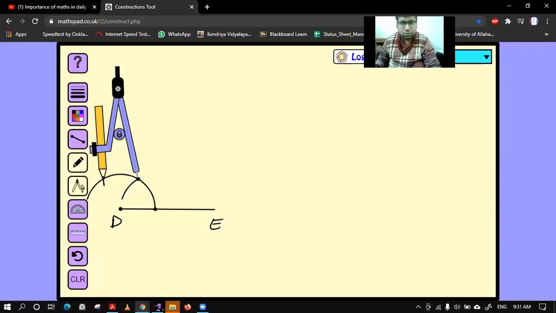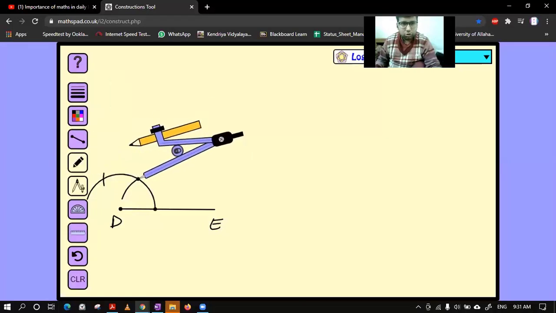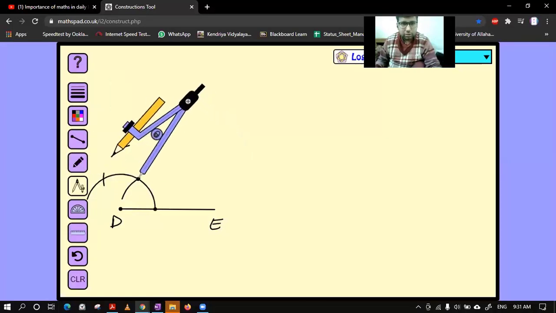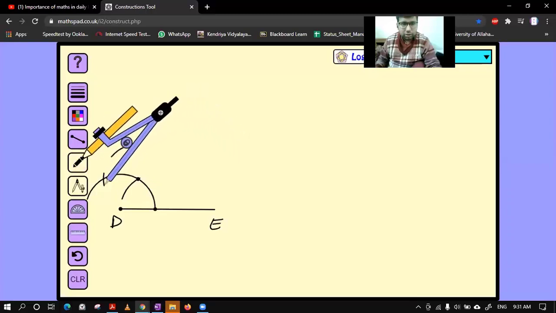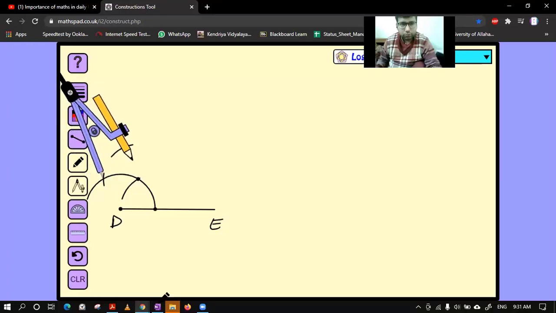Okay. So let's now take the arc from the 60 degree angle like this. Similarly, let's take the arc from the 120 degree angle, and that will be near this point, and we have obtained our perpendicular.